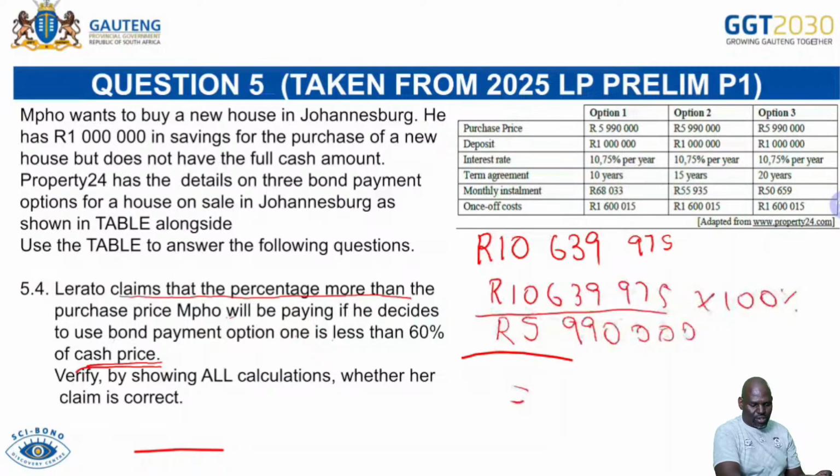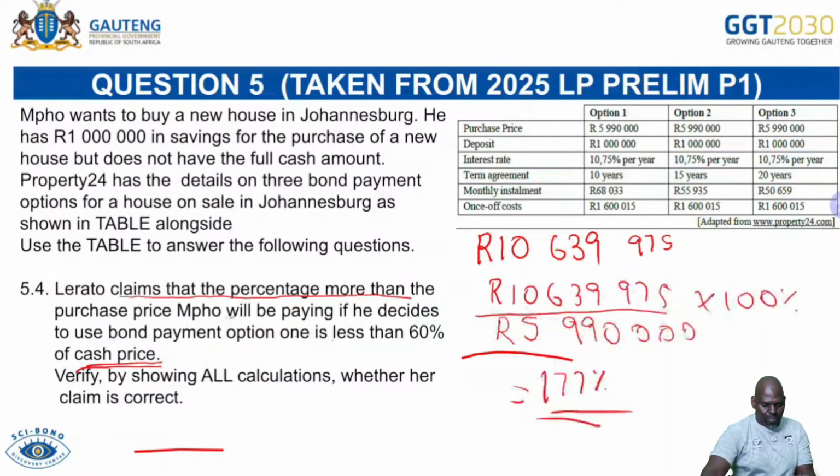So 10,639,975 divided by 5,990,000 times 100 is 177%.